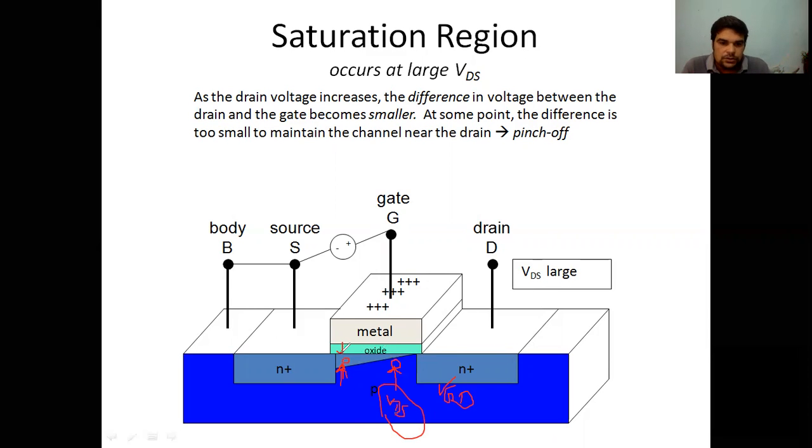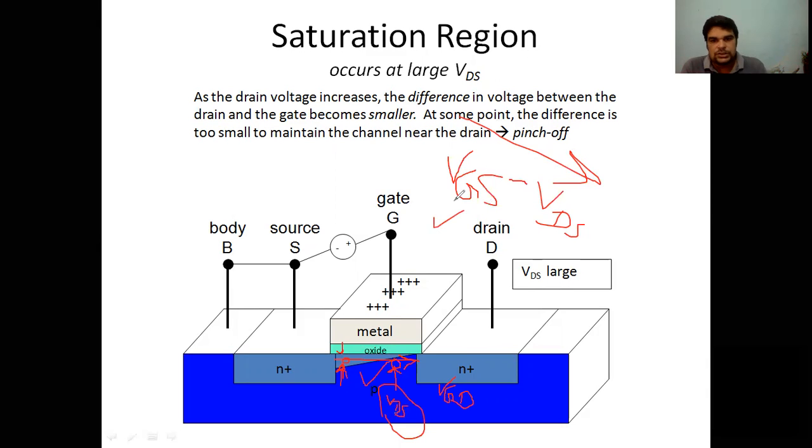So if I go from source to drain across the channel, this effective voltage is decreasing because VDS is increasing. What is happening with VGS minus VDS? As I am going along the channel, VGS is constant but VDS is increasing, so this effective voltage overall is decreasing.